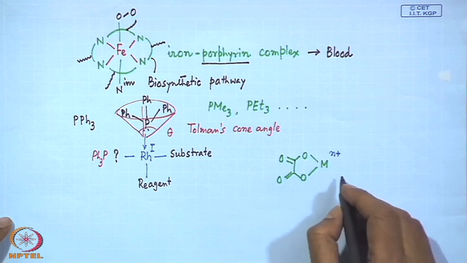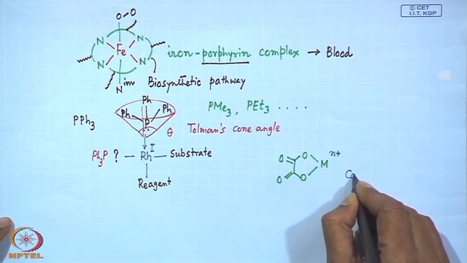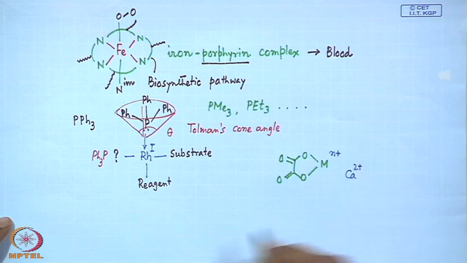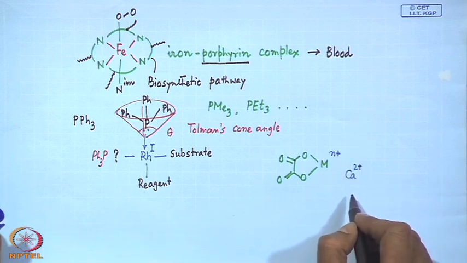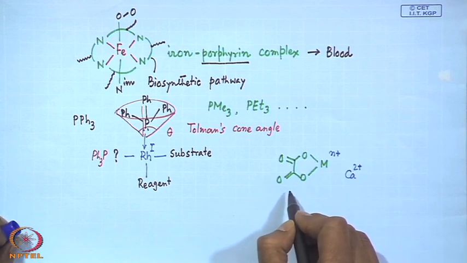We can very easily determine calcium 2 plus, a very useful species for binding, as the corresponding calcium oxalate, which is a very useful gravimetric reagent.